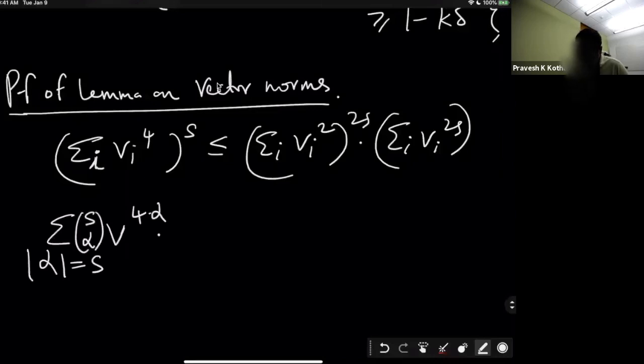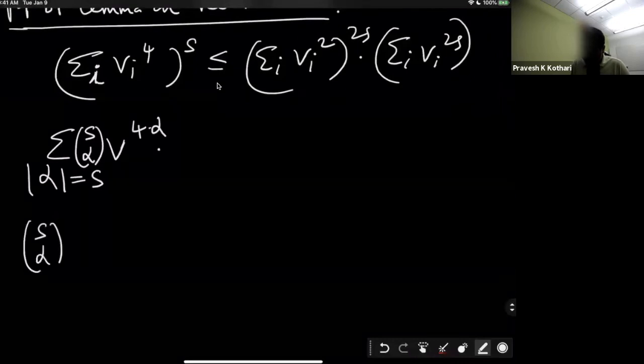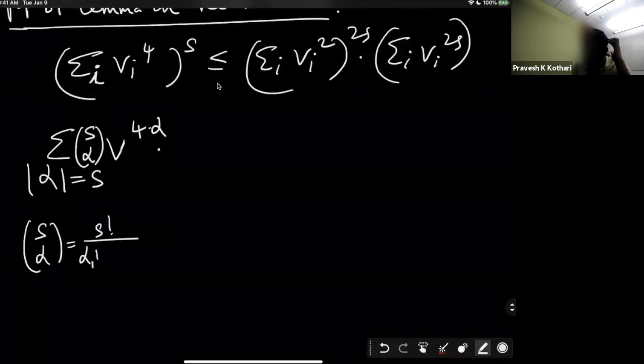So what is this expression? s choose alpha is the so-called multinomial coefficient, which is simply s factorial over alpha 1 factorial and so on up to alpha r factorial. I'm just doing the multinomial expansion. And v to the 4 alpha means, so alpha is a vector, it tells me which coordinate was raised to what power. So all of them will be multiples of 4, so I have 4 alpha here, and alpha ranges over all possible subsets of R of size S.